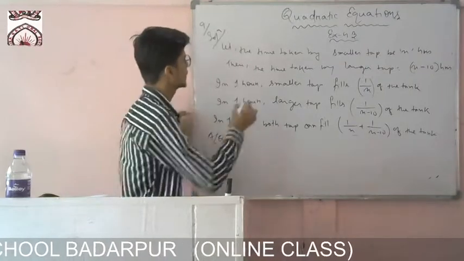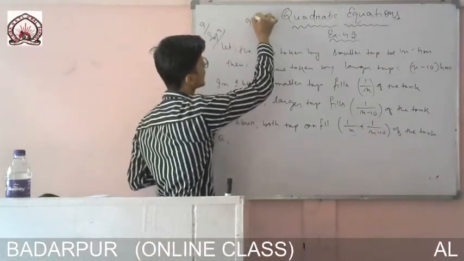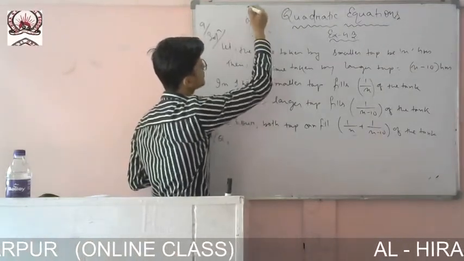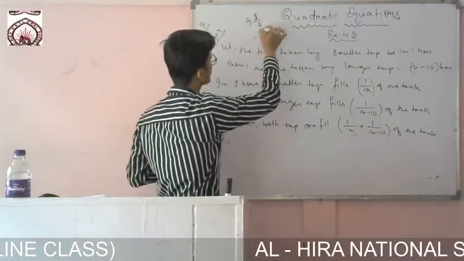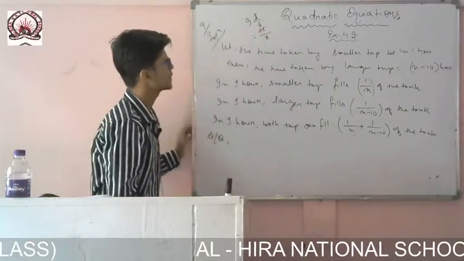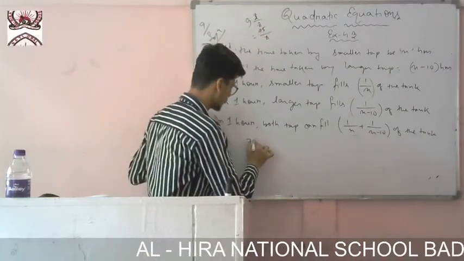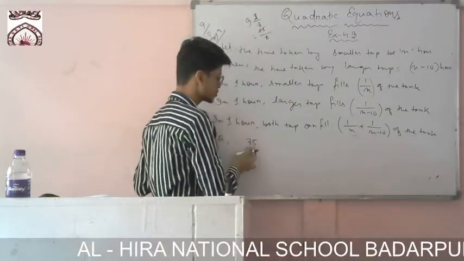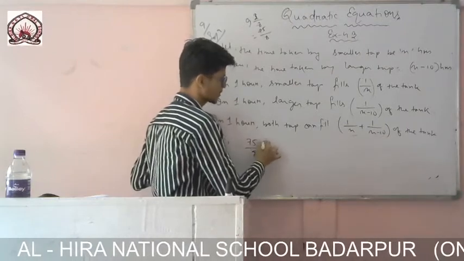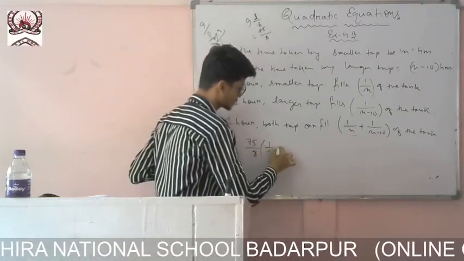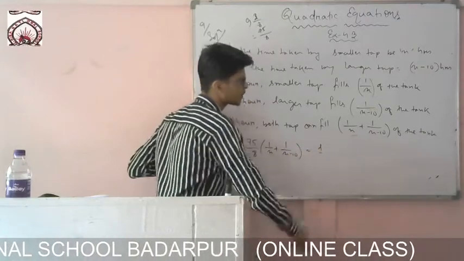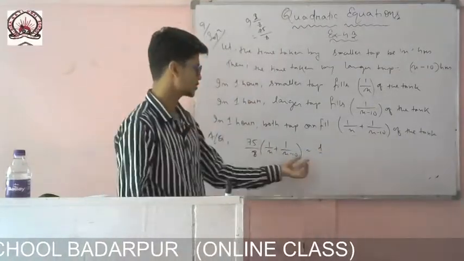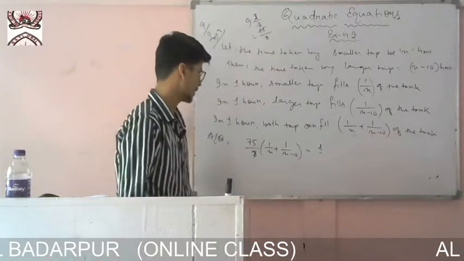3/8 hours. I can write 3/8 as 75/8. So I am writing that it needs this many hours, and the 1 hour work is 1 by x plus 1 by x minus 10, which will be equal to the total work, which is equal to the total tank, so it will be 1.